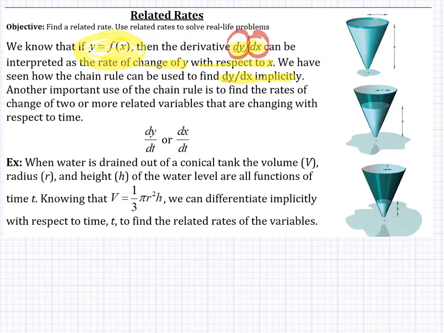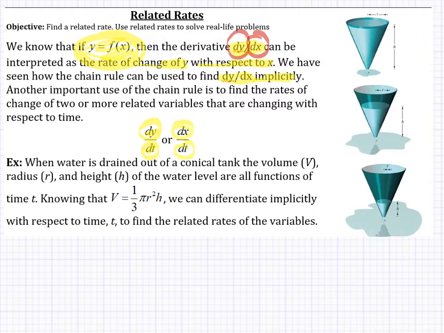And so what we're going to do now is look at this as it relates to change of variables with respect to another variable, which we'll call time. And so we could find dy dt, the change in y with respect to t being time, or the change in x with respect to t.